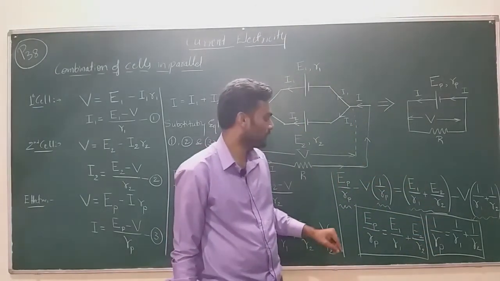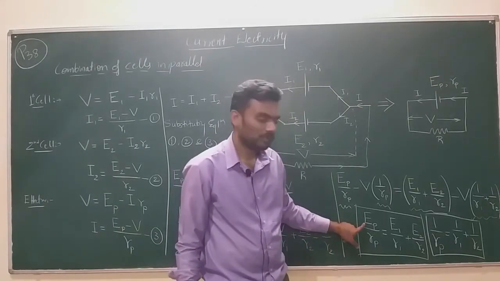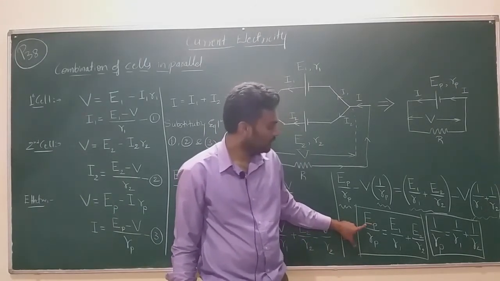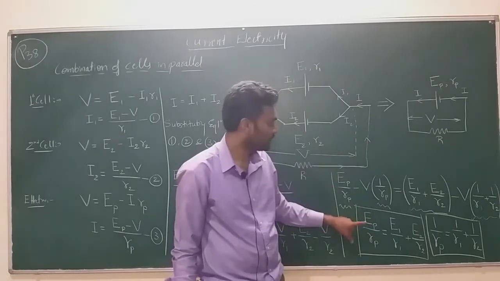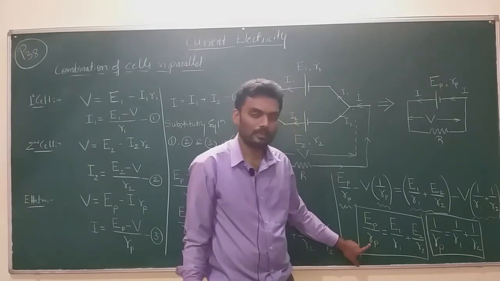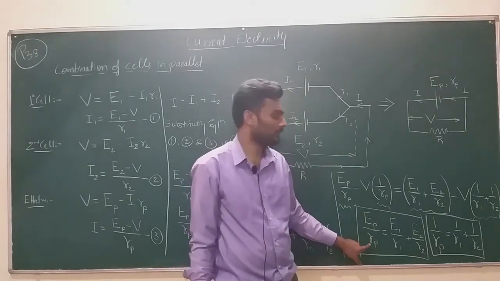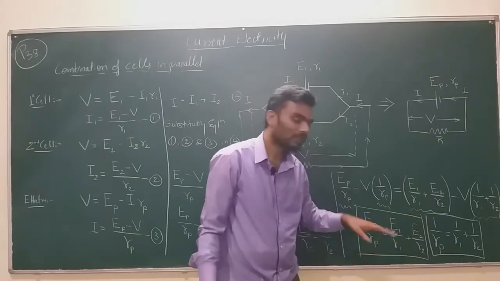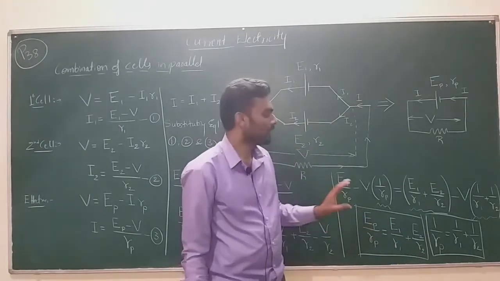We finally have the expressions for the effective EMF of the parallel combination of cells, EP, and the effective internal resistance of the parallel combination of cells. Now, one thing that we should be aware of is, in order to get the effective EMF of a combination of cells, we must have the value of Rp, the effective internal resistance of the cells, and also R1 and R2. These values are required to get EP.